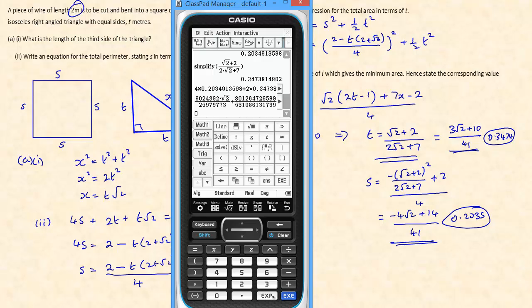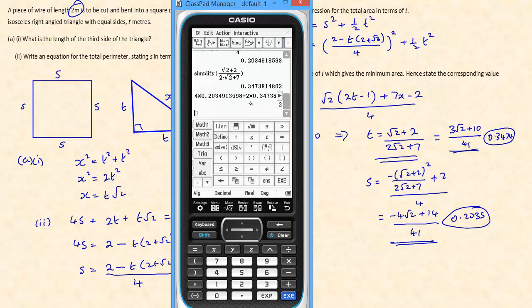Let's see. Let's go for decimal. And it does give us 2. So that's a good indication that we got it right.